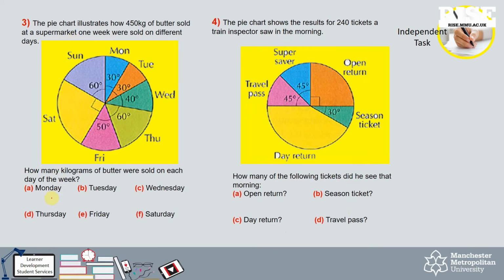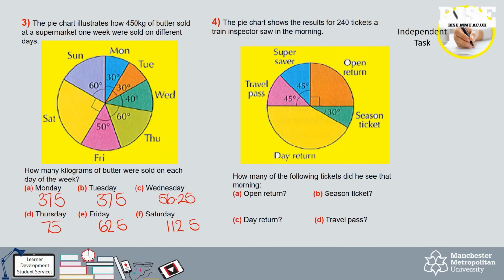In question 3 then, on Monday, there were 37.5 kilos of butter sold. This was the same on Tuesday. On Wednesday, there was 56.25 kilograms of butter. 75 were sold on Thursday, 62.5 sold on Friday, and 112.5 sold on Saturday.